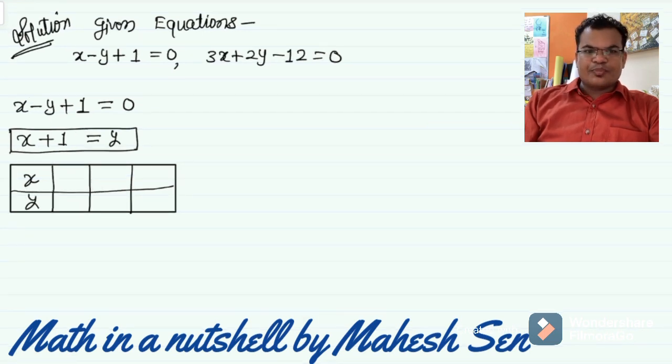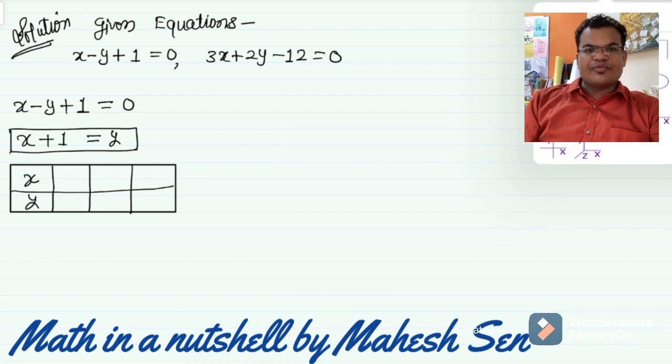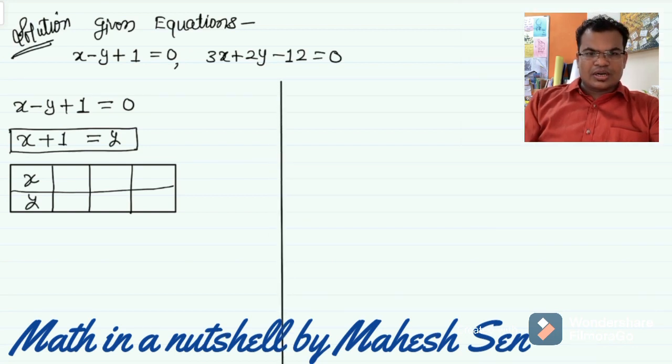So very first I can put the value of x and I'll get the value of y, as x plus 1 equal to y. When you put the value of x on the left hand side, you will get the value of y on the right hand side, right? What value can I put here?